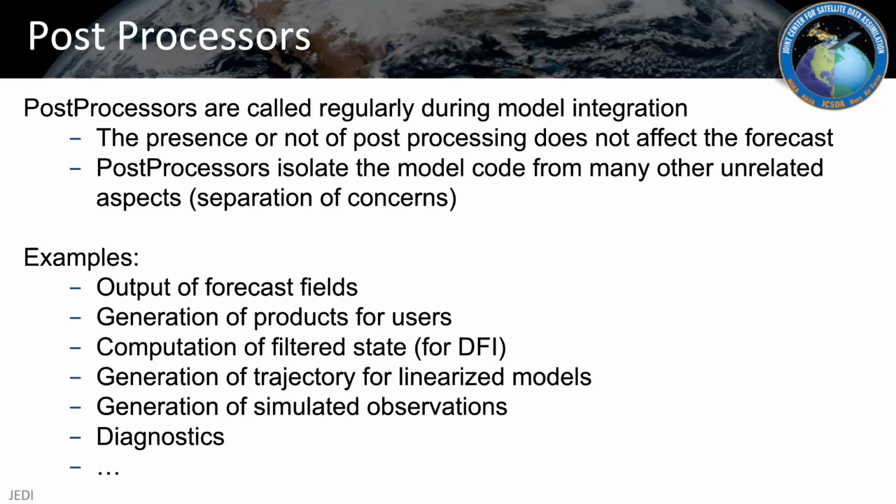And post-processors really isolate the model code from many unrelated aspects, so that's really a separation of concerns. And we think it would be good for most existing models to move in that direction more and really have a model code which is something that model scientists can work on. And all the I/O, and operational centers might want to generate products on the fly, and various other things you might want to do, they should be done by post-processors.